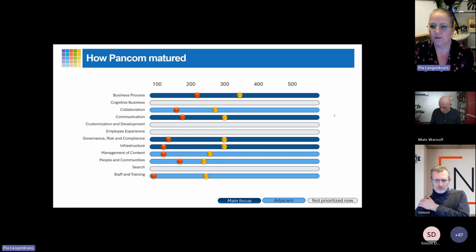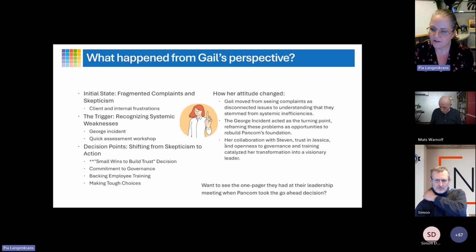Looking at it from a leadership perspective, her initial state was fragmented, with complaints and skepticism. She just didn't connect with the client and internal frustrations, and also with what is the core that we always need to have. Then the George incident really put a light on everything.